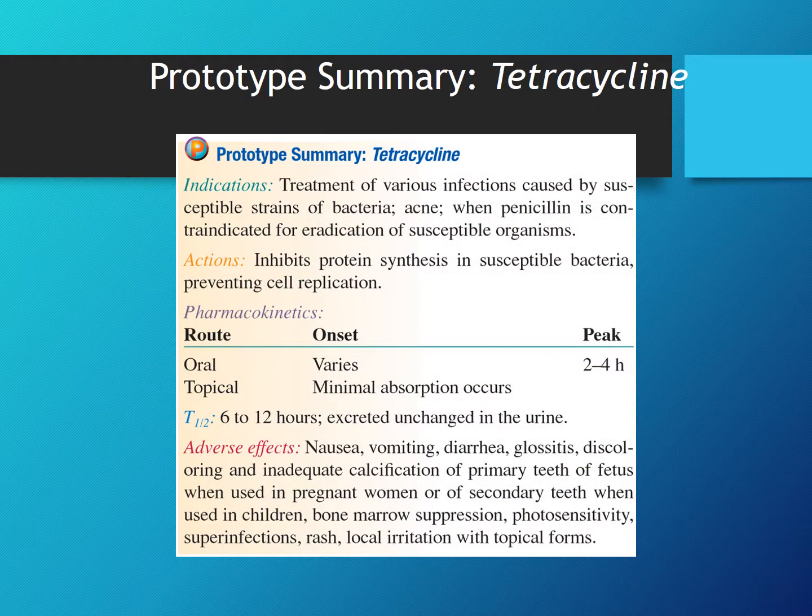Your prototype is tetracycline, and you do not want to give this to children because they're forming their teeth. You really don't want to give it to pregnant women either, because it will cause discoloration or inadequate calcification of primary teeth in a fetus of a pregnant woman, or secondary teeth if we use it in children. So it is contraindicated in those populations. It can also cause superinfections and bone marrow suppression as well.